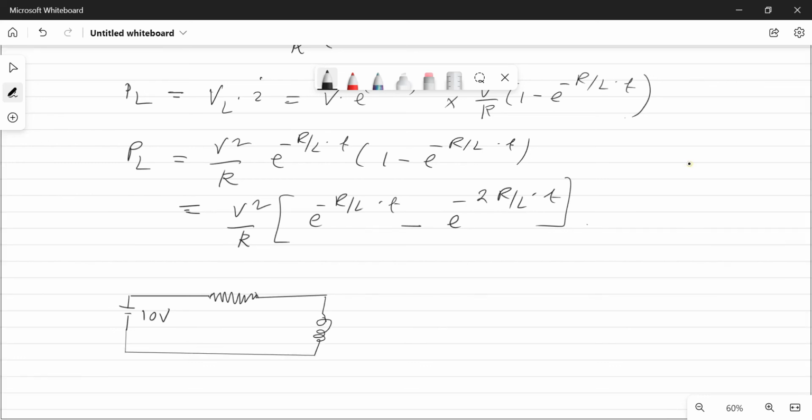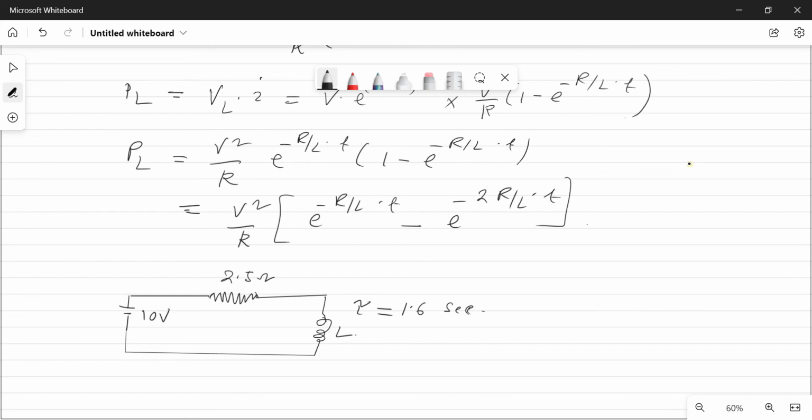See this circuit: this is 2.5 ohms, this is L, and this is 10 volt. The time constant tau is given as 1.6 seconds. We don't know the value of L.